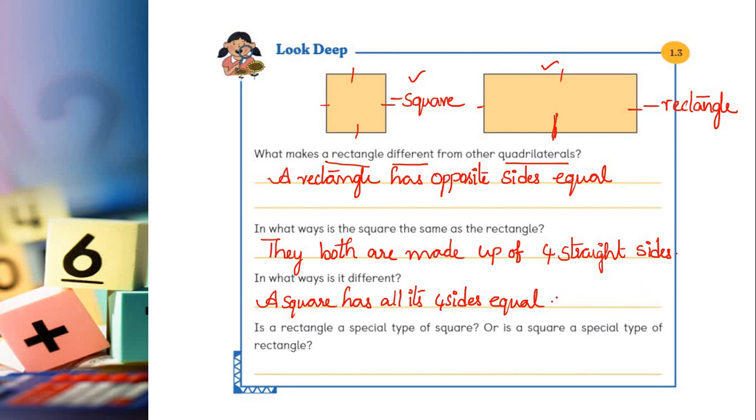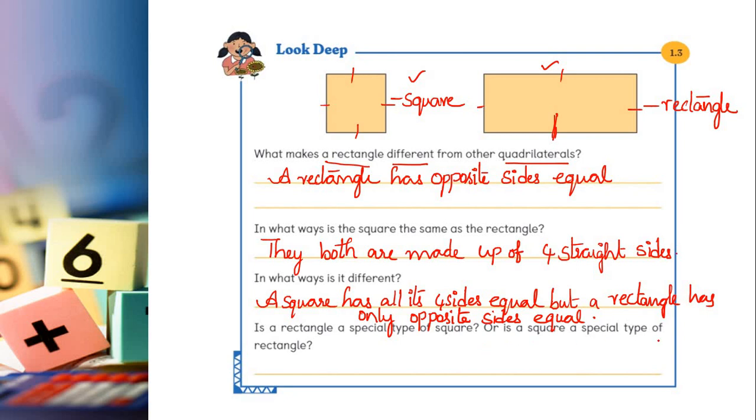But a rectangle has only opposite sides equal. Is a rectangle a special type of square?